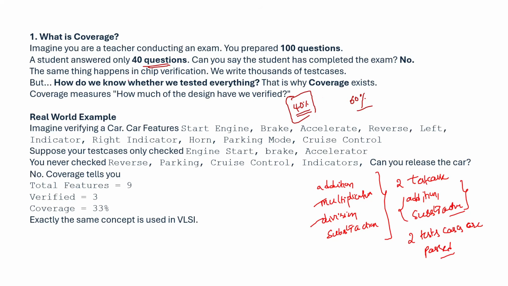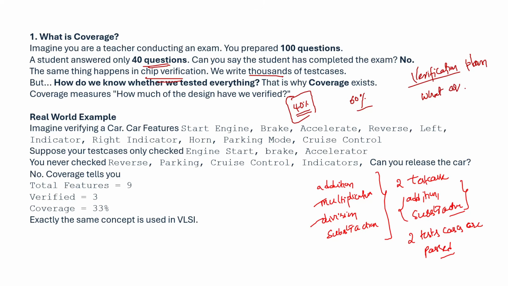The same thing happens in chip verification. In the same way, we write thousands of test cases. In that, how do you know whether the tests have tested everything? This coverage will tell you. I told you about the verification plan. What does the verification plan tell? How many scenarios there are, and what the scenarios are.